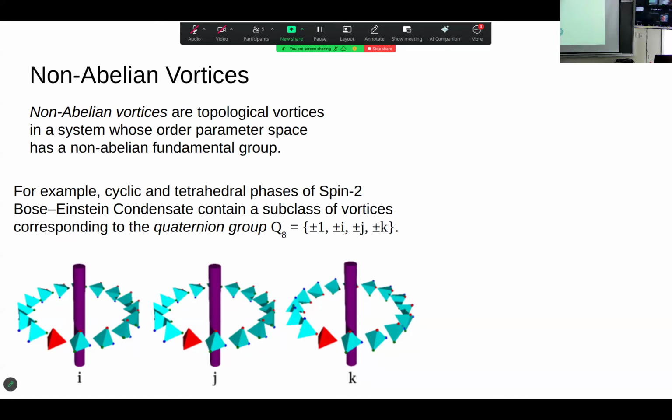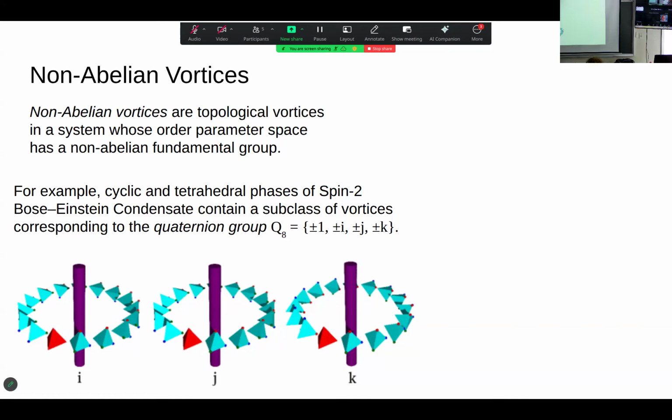In that case, the way to think about members of the fundamental group of the order parameter space is via these kinds of paths. These I, J, and K are when you have 180-degree symmetry of the tetrahedron and you perform this loop, like you wind around when you go around this loop. Yes, you had a question?